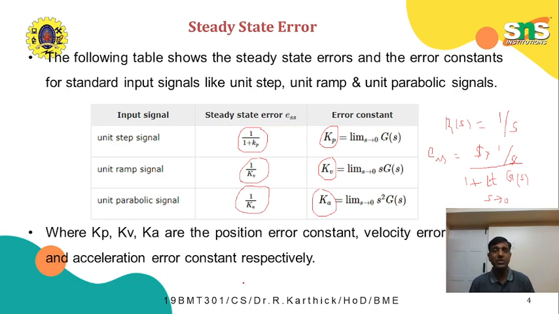For that we move into the generalized error constant, where the input R(s) can be of any type, not only the standard inputs. So these are the static error constants with respect to unit step, unit ramp and parabolic signals.